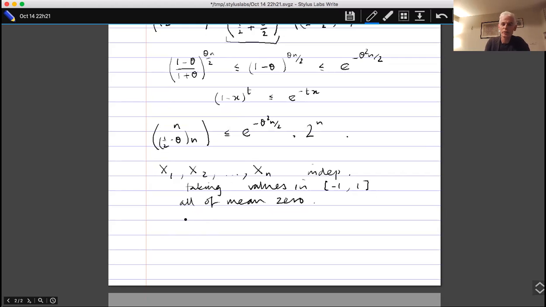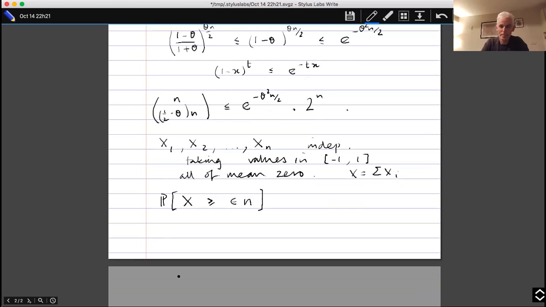So what I would like to work out is the probability. Well, let's have, for convenience, x equals the sum of the xi's. I'd like to work out the probability that x is greater than or equal to epsilon n. And what I want to show is that this probability is extremely small when n is large, I'm assuming, of course, epsilon is some fixed positive constant.